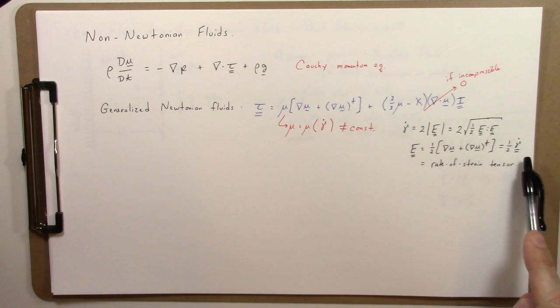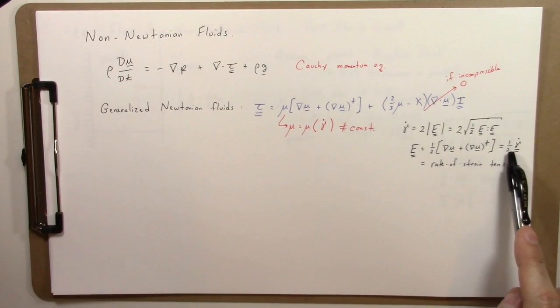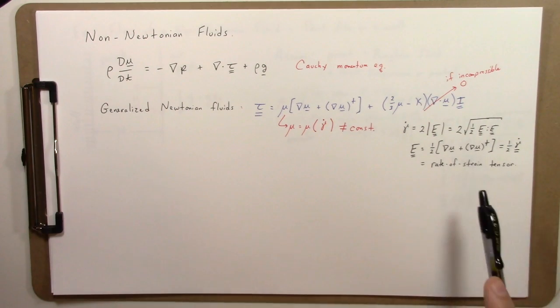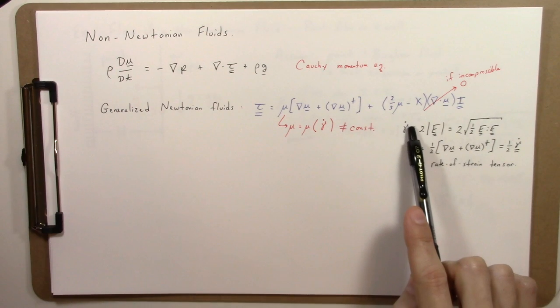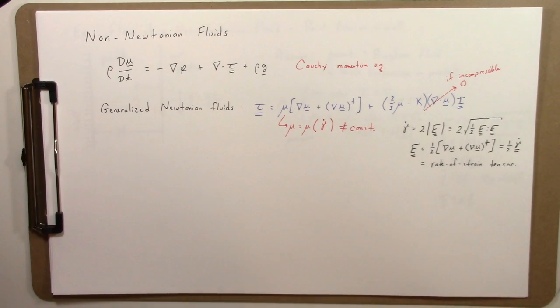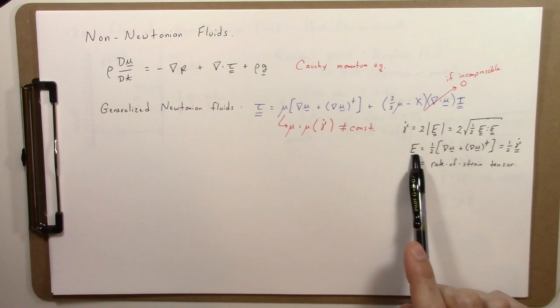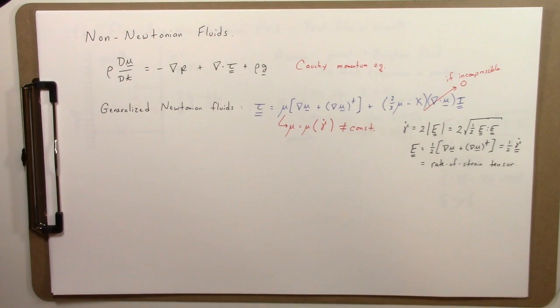A lot of dots, unfortunately, in this notation. So this is the formula used, and we're going to use this gamma dot to be consistent with the notation in most of the non-Newtonian flow literature and texts. Just recall that there is a bit of a deviation from the rate of strain tensor E that we've used before, differing only by this factor of 2.